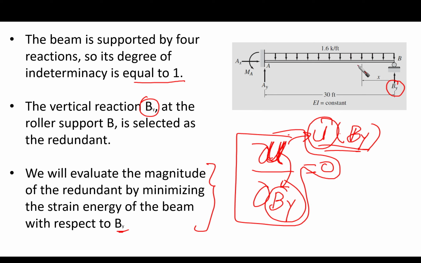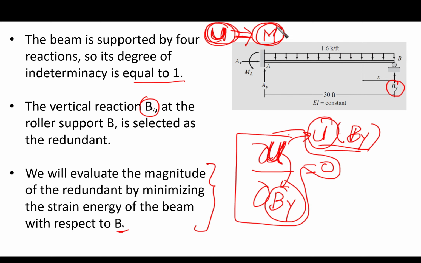For a flexural element, we have a formula for the strain energy in terms of the moment. Whenever we are talking about flexural members, the main straining action controlling is the moment. This means that we need to get U, the strain energy, as a function of moment.